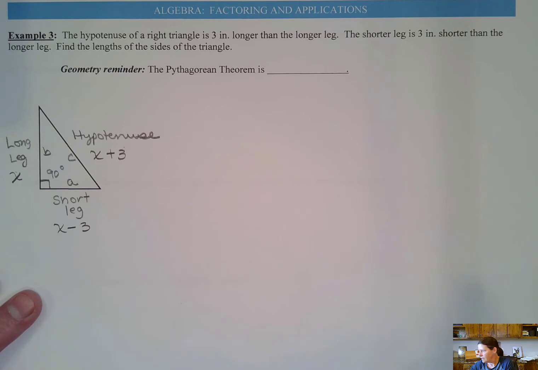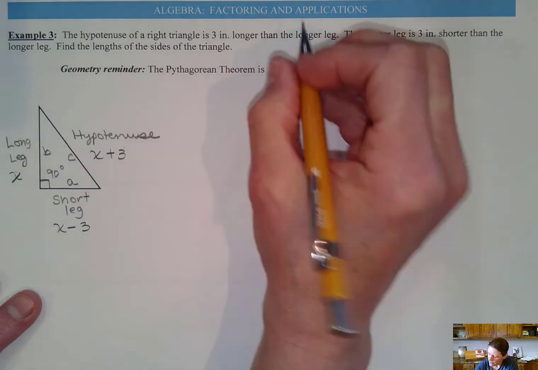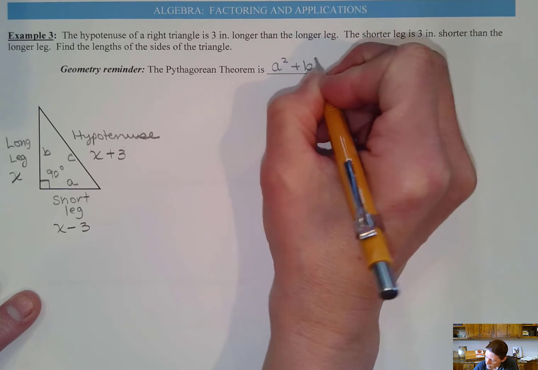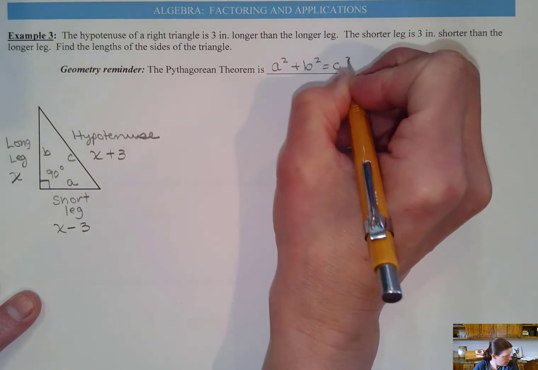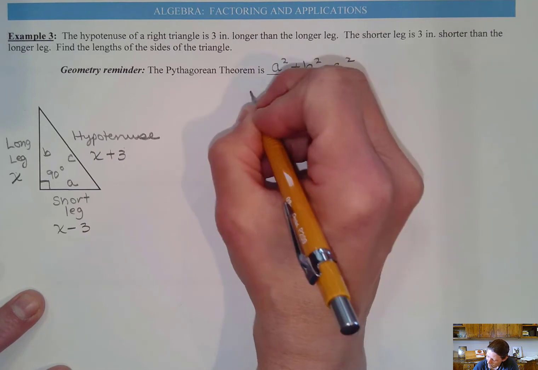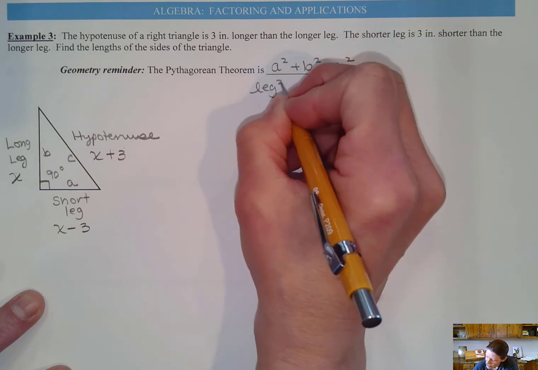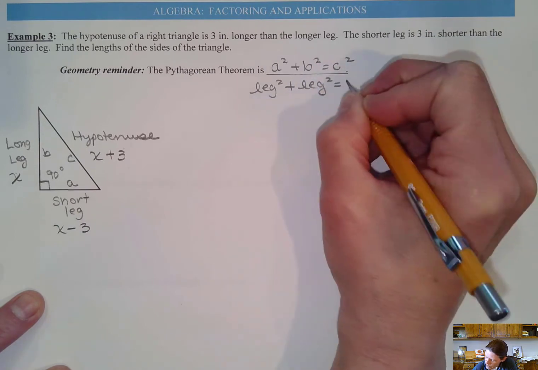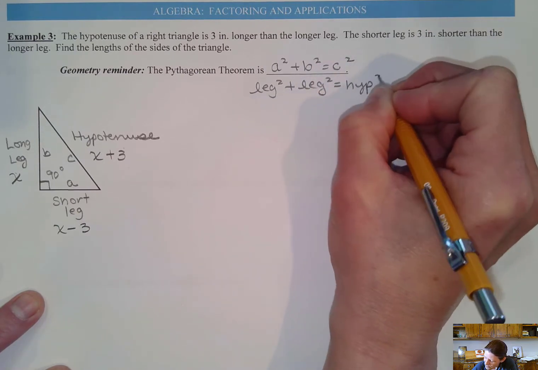Now we want to find the lengths of the sides of this triangle. And in order to do that, we're going to use our Pythagorean theorem. The Pythagorean theorem says a squared plus b squared equals c squared. We can also write that leg squared plus leg squared is equal to hypotenuse squared.